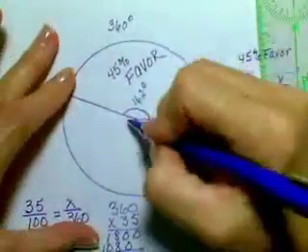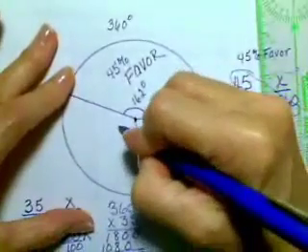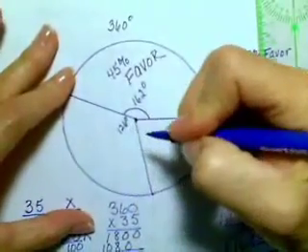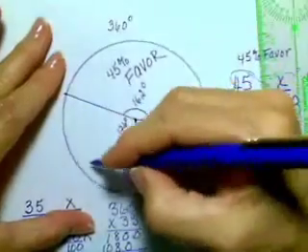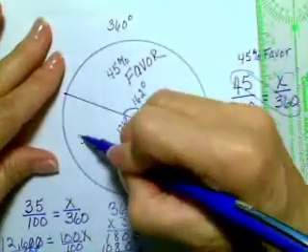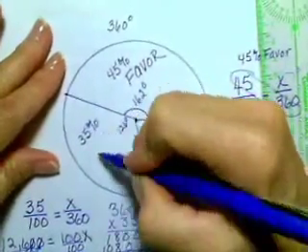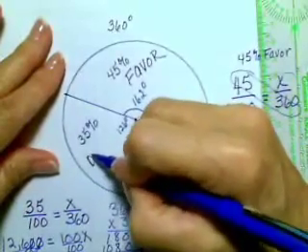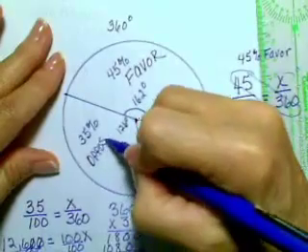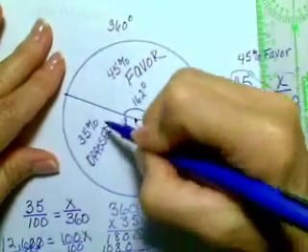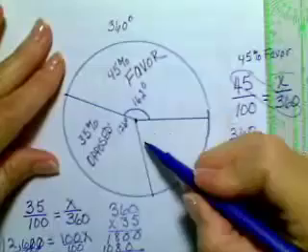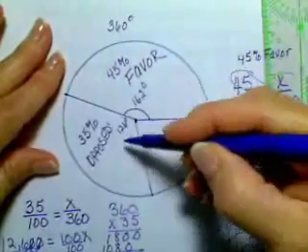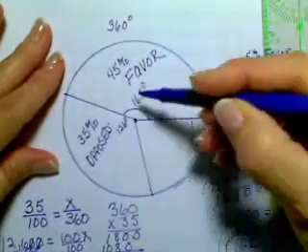And that central angle should be 126 degrees. And this is the 35% that are opposed. And what's left over has to add to 360 degrees.